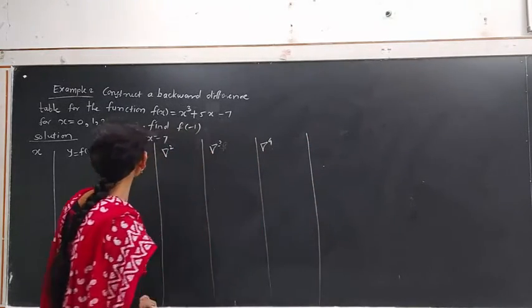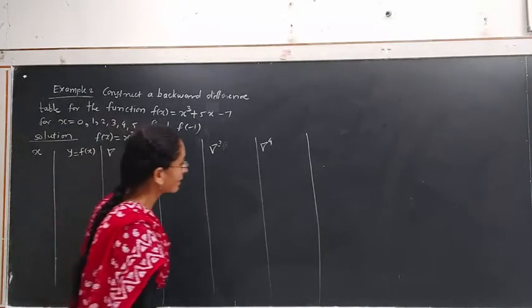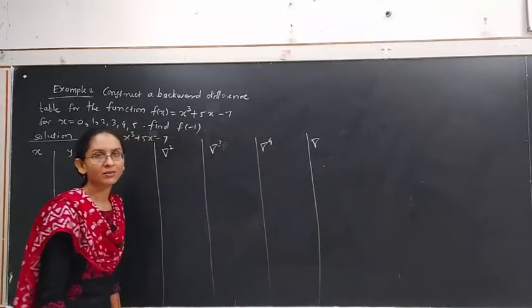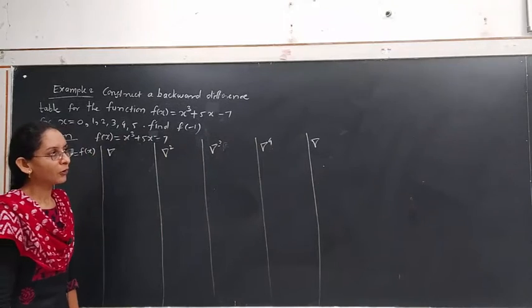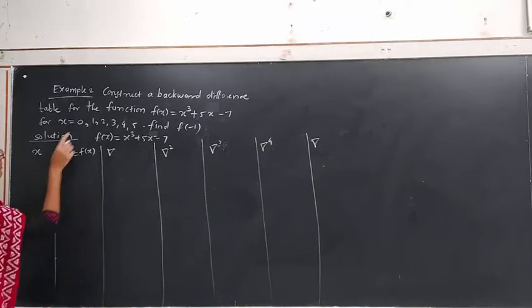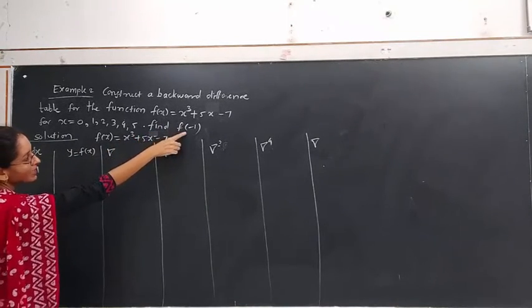There are 7 values of x starting from minus 1, so we get backward differences of order at most 6. Which are the values of x? The x value starts from minus 1 because we want to find f of minus 1.